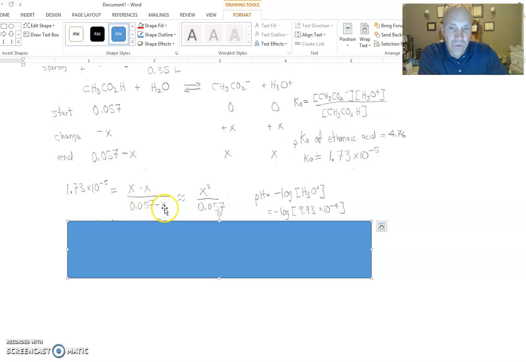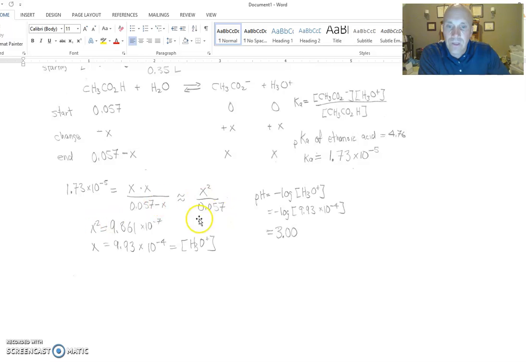And if that's true, then this whole expression would be approximately equal to the number by itself. So we can set x squared over 0.057 equal to this value right here. If we solve for x squared and take the square root of that, it should equal this number right here.